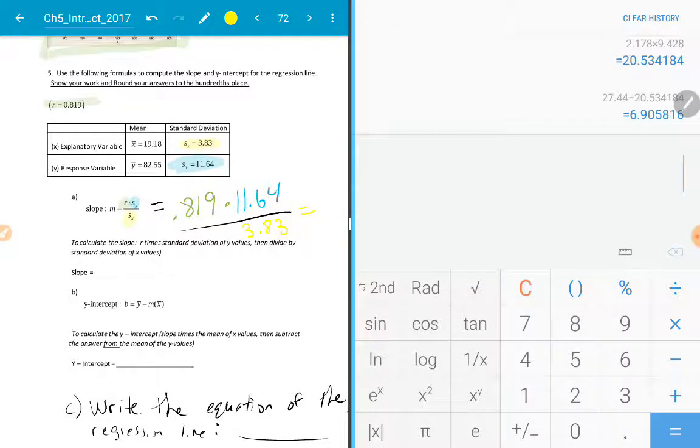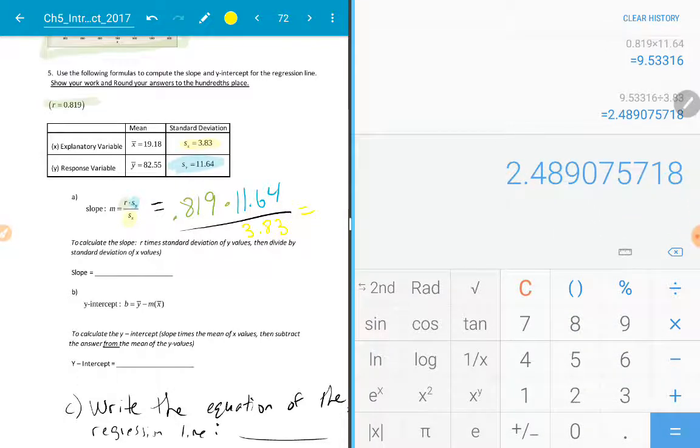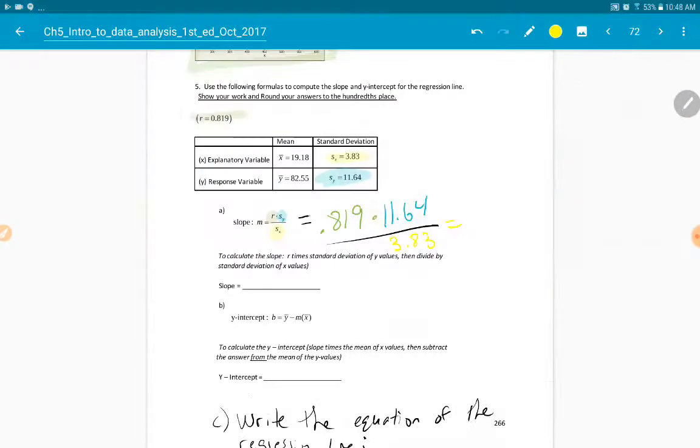We're going to do the numerator first, so that's 0.819 times 11.64. Hit enter, because that fraction bar works like a grouping symbol, so hit enter first. And then divide by 3.83. And I get 2.489 for the slope.